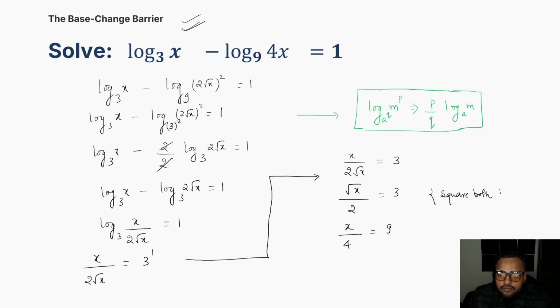Okay, students, so we have got x by 4 equals 9. On solving it further, we'll get x equals 36. So this is the solution, students. This is the base change barrier where the majority of students get stuck. So this is how we need to proceed. Okay, I've solved it for you.